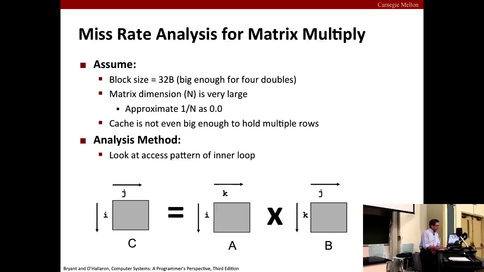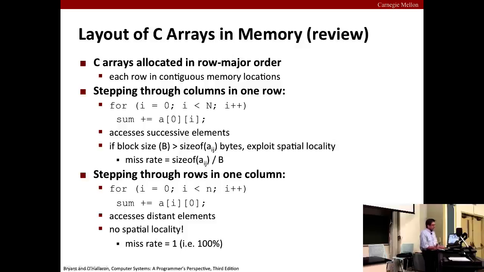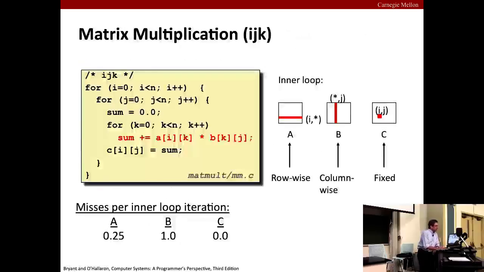Okay. So what we'll do is we'll look at the inner loop, and we'll look at the access pattern of the inner loops on arrays C, A, and B. So let's look at the ijk implementation that I just showed you. As always, we focus on the inner loop.